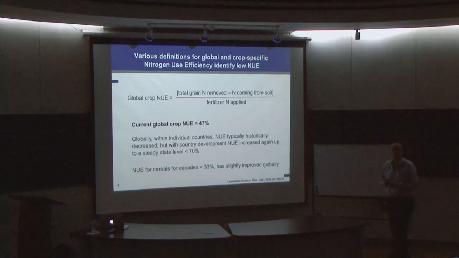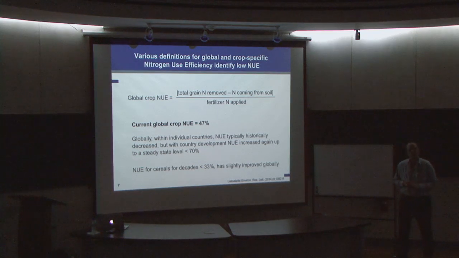But before we go there, I have a slightly different definition of nitrogen use efficiency here, and the global crop nitrogen use efficiency is here defined as the total grain nitrogen that is removed by the harvest minus the nitrogen coming from the soil. This we don't consider. Divided or compared to the fertilizer nitrogen that is applied.